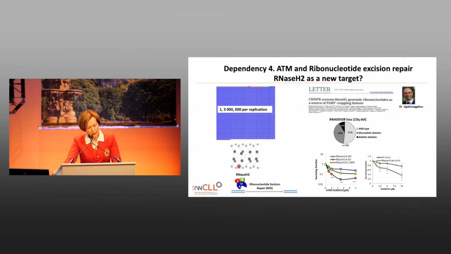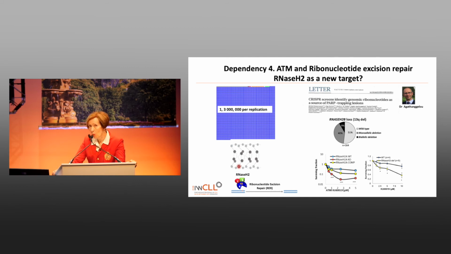So I would like to now turn to dependency 4, and this is the interaction between loss of ATM function and ribonucleotide excision repair, which is a reasonably newly appreciated DNA repair pathway. And this DNA repair pathway resolves by far the most frequent type of DNA damage in replicating cells, presented here in these blue dots, which is erroneous incorporation of ribonucleotides during replication.